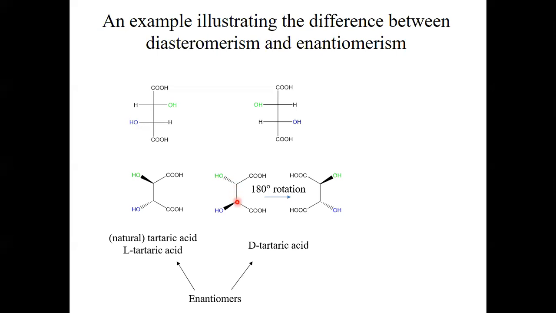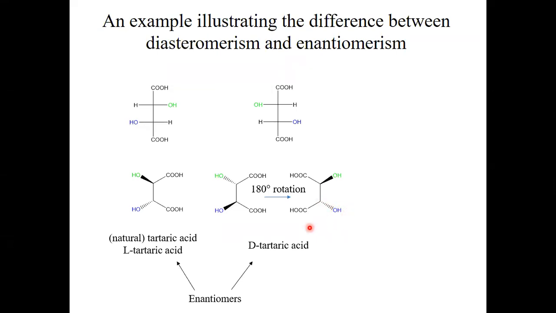When we do this, these carboxylic acid groups now point to the left, not to the right anymore. This OH group, which formerly pointed into the paper plane, now points out of the paper plane toward us, and this OH group, which previously pointed out of the paper plane, will now point away from us.